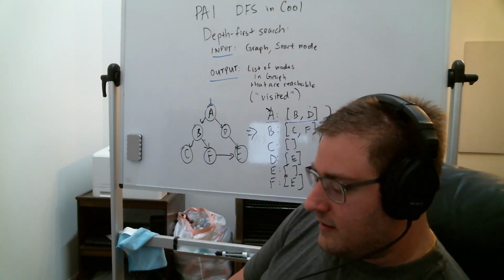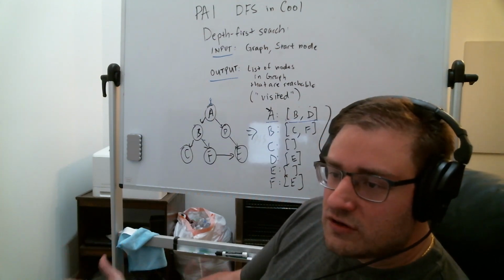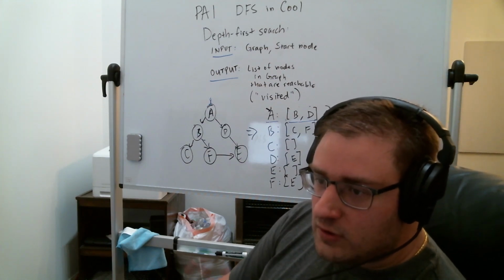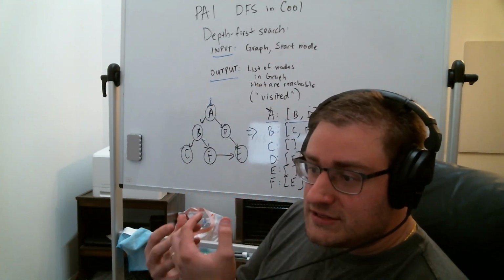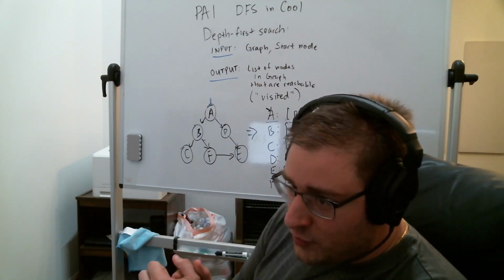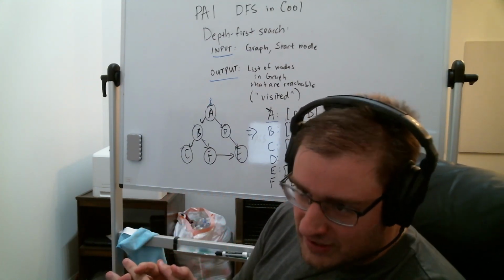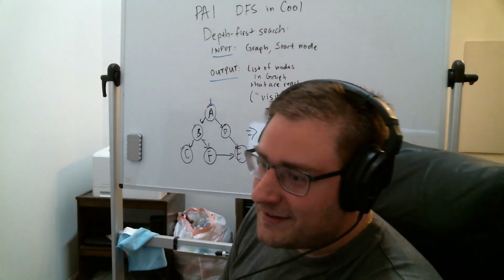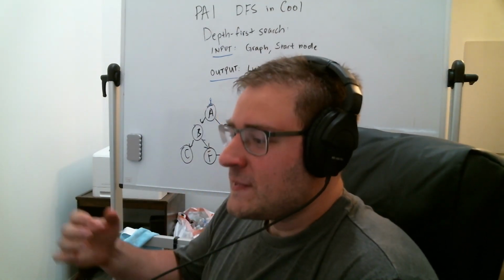Now I just want to mention a few things before we actually get started in Cool. Cool is, again, a language that's meant to be easier to write a compiler for than it is to write software in it. So it is a language that may be lacking in some of the features that you are used to. For example, there is no built-in dictionary, map, or list type.